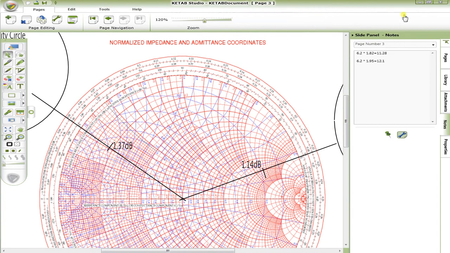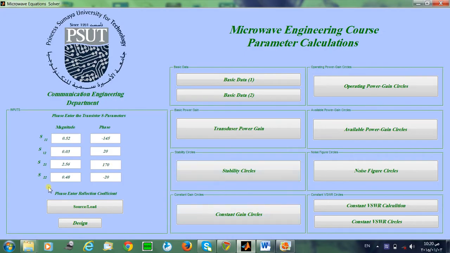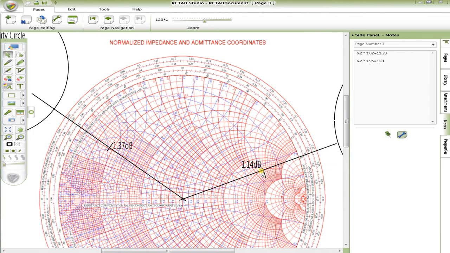We obtained these values from our S11 and S22 parameters; here's the magnitude and here's the phase. Since we're using the conjugate of S11 and S22, we get phases of 145 and 20 degrees. So now we have our maximum gains over here.